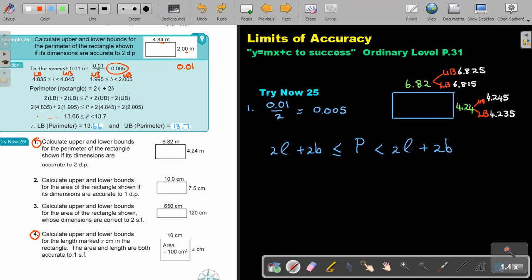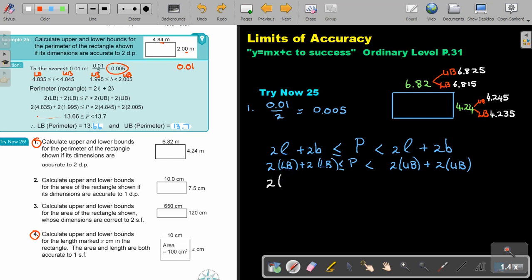And because it's addition, it's going to be 2, remember this is lower bound, plus 2 of the lower bound, the smallest. And this is going to be 2 upper plus 2 upper. And then I'm just going to substitute it.